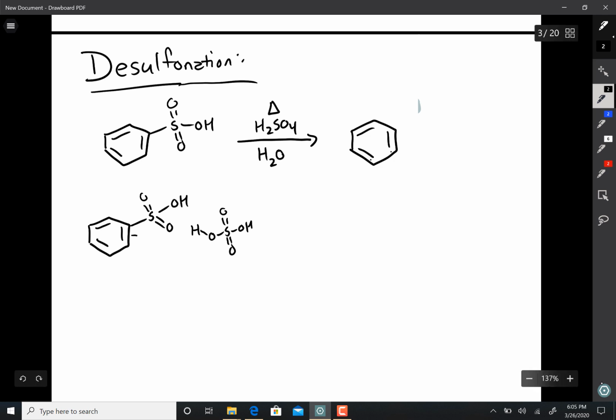So, these electrons grab that hydrogen. Electrons go up. That forms the carbocation intermediate.